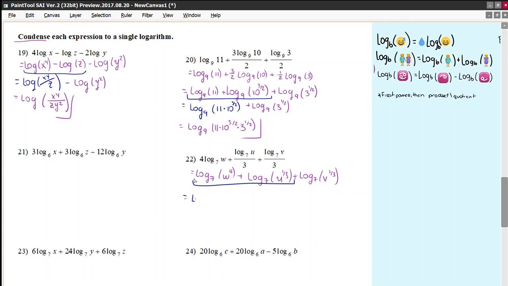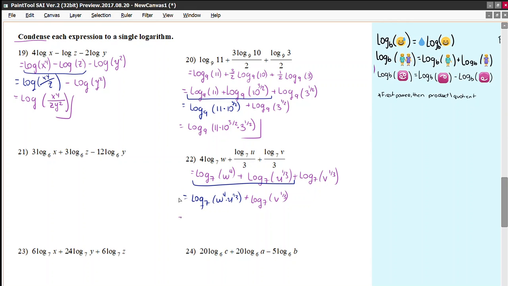So this is logarithm base 7 of w to the 4 times u to the power of 1/3 plus logarithm base 7 of v to the power of 1/3.